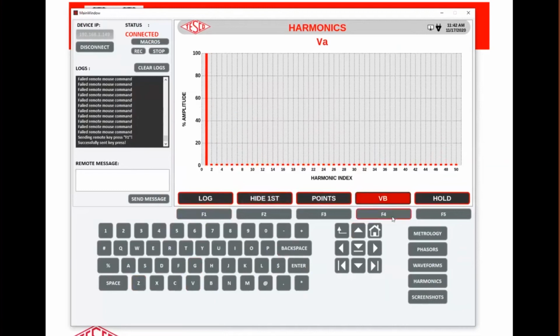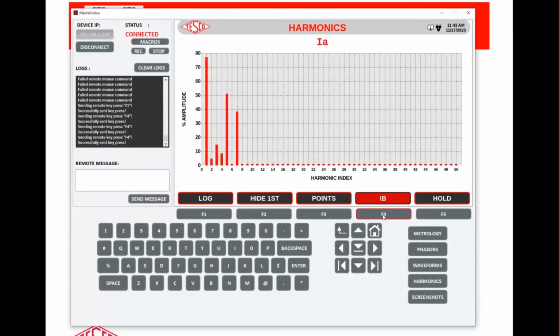So I'm going to go back to linear, and I'm going to look at the associated current that we saw. And here we are. We can see that the fundamental is only about 78% of the total, and we've got really strong fifth and seventh harmonics.